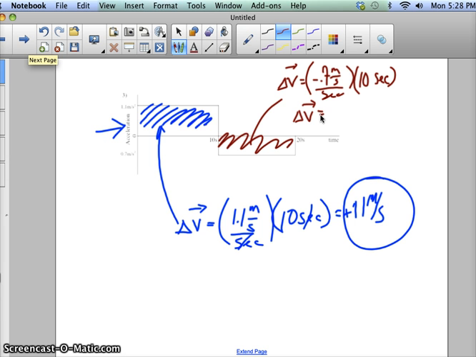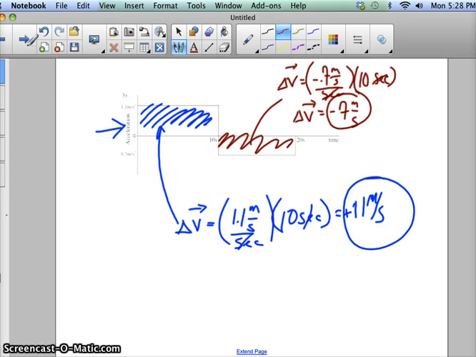And this gives me negative 7 meters per second. So in the last 10 seconds, our object changed velocity by negative 7 meters per second.